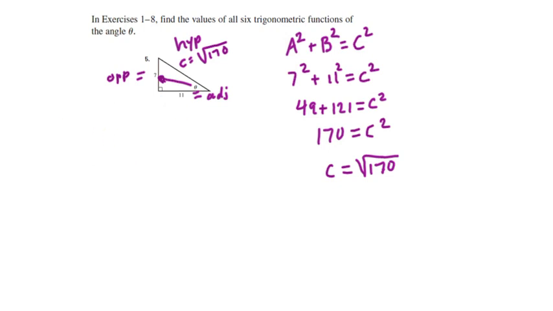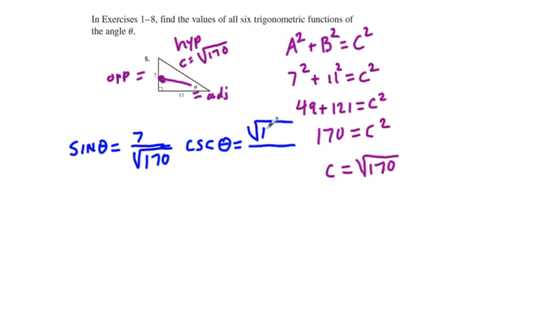And for those, we have sine theta is equal to our opposite side, which is 7, over hypotenuse, which is square root of 170. And then we have our reciprocal ratio, which is cosecant. That's going to be square root of 170 over 7.